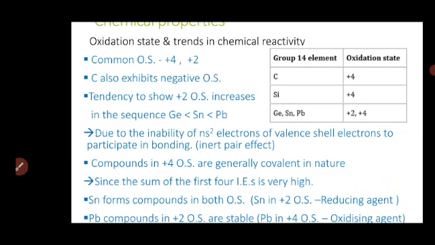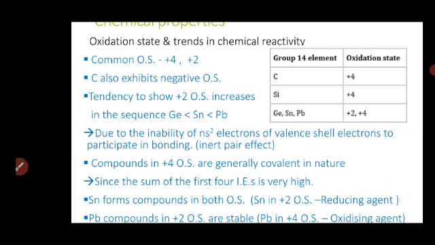Now what are the other properties? Compounds in +4 oxidation state are generally covalent in nature. Covalent means the compounds are formed by sharing of electron pairs, because they do not have the tendency to donate or accept electrons, so they cannot form ionic compounds but choose to form covalent compounds.